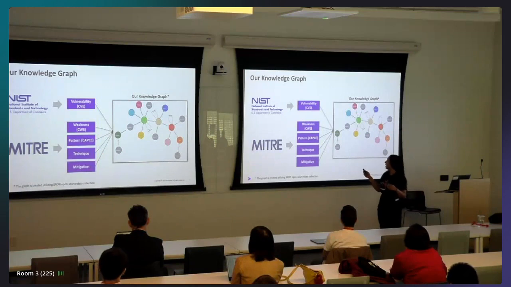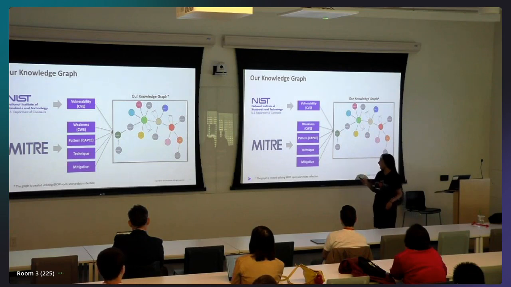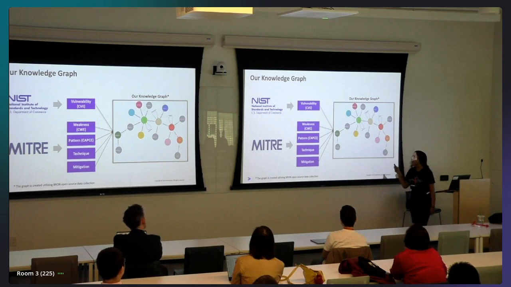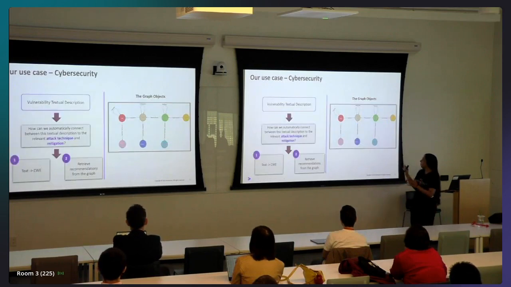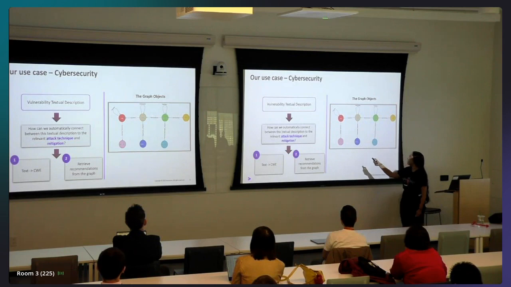In our situation, we took the vulnerability descriptions and we want to correlate them to the weaknesses. Here you can find our graph schema. And if we look at the specific part of the schema that we want to use, we want to take the CVE and then correlate it to the CWE, afterwards to the pattern, and afterwards to the technique.